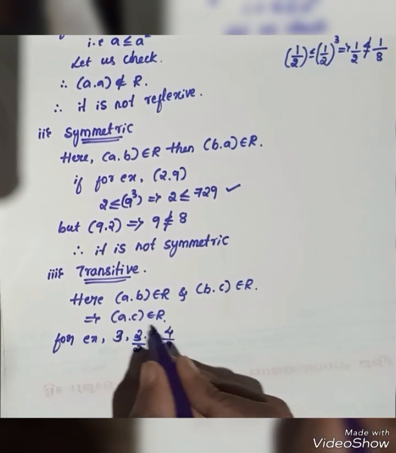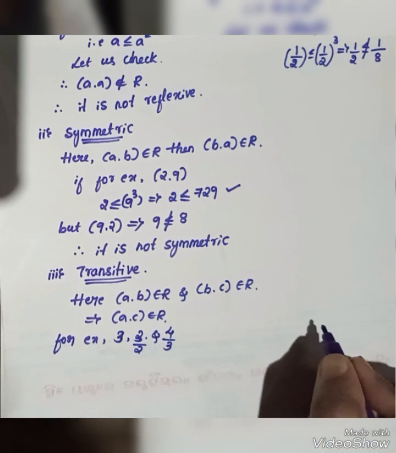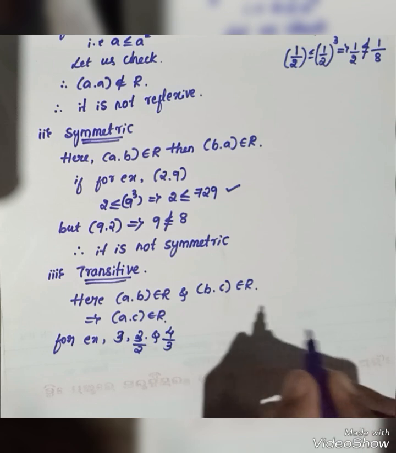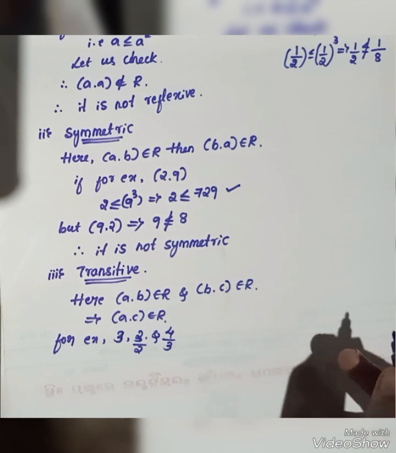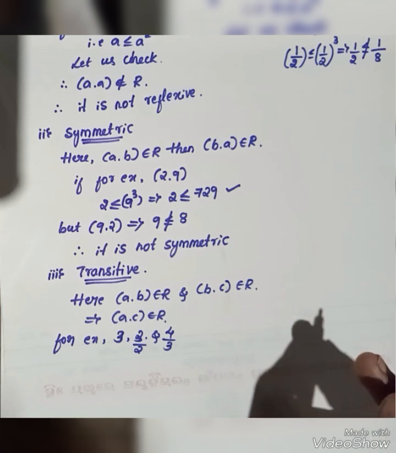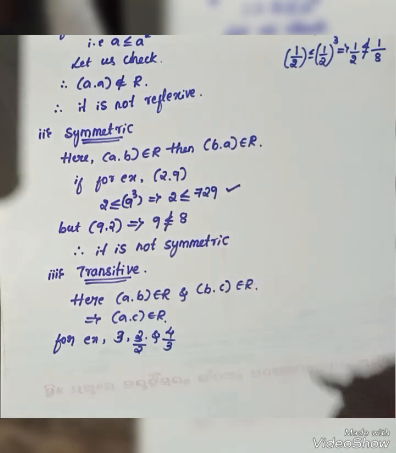Because these values are given, not a transitive condition. Because real numbers contain all the values. The main intention of this example is showing not transitive condition, because a is not less than b cube.